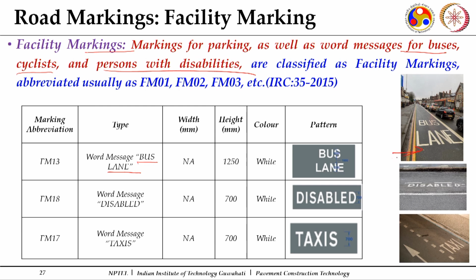It can be mentioned in this particular manner. And there may be a particular lane for disabled people, so that can also be marked, and a dedicated lane for taxis also, you might have seen it many a time at airports. So these are all different abbreviations which are marked under the facility related markings.